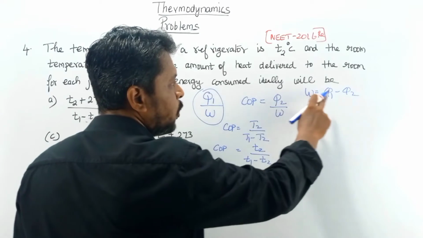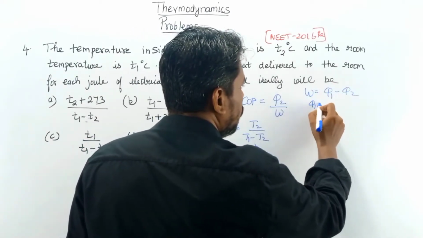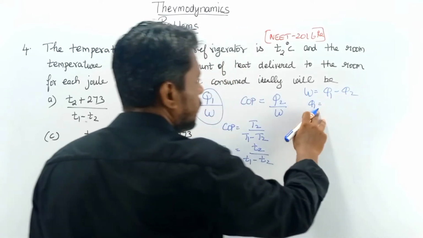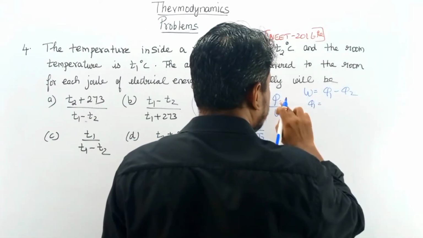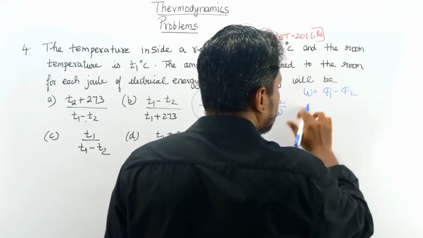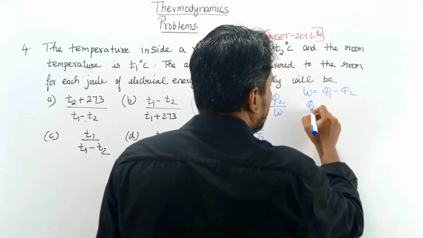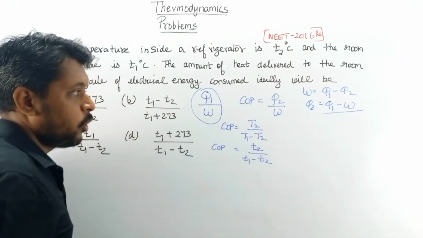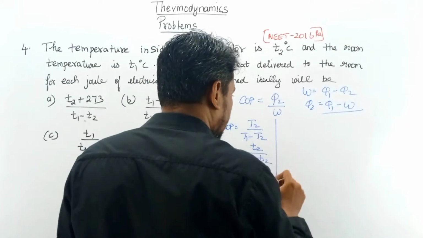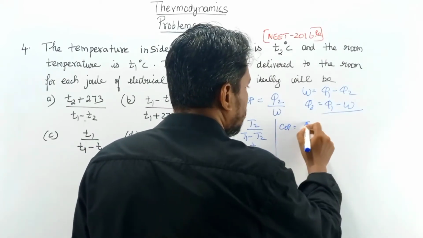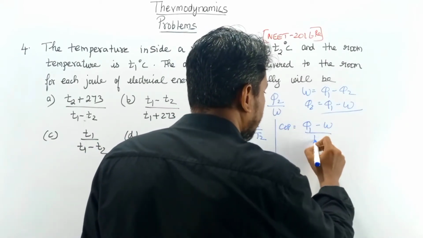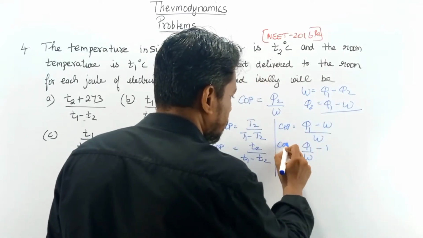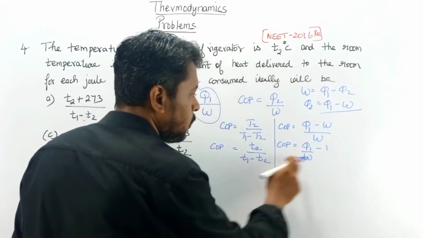So instead of Q2, I am going to replace it in terms of Q1 minus W. So Q2 will be equal to Q1 minus W. Just replace this, so COP will be equal to Q1 minus W by W, which is equal to Q1 by W minus 1.